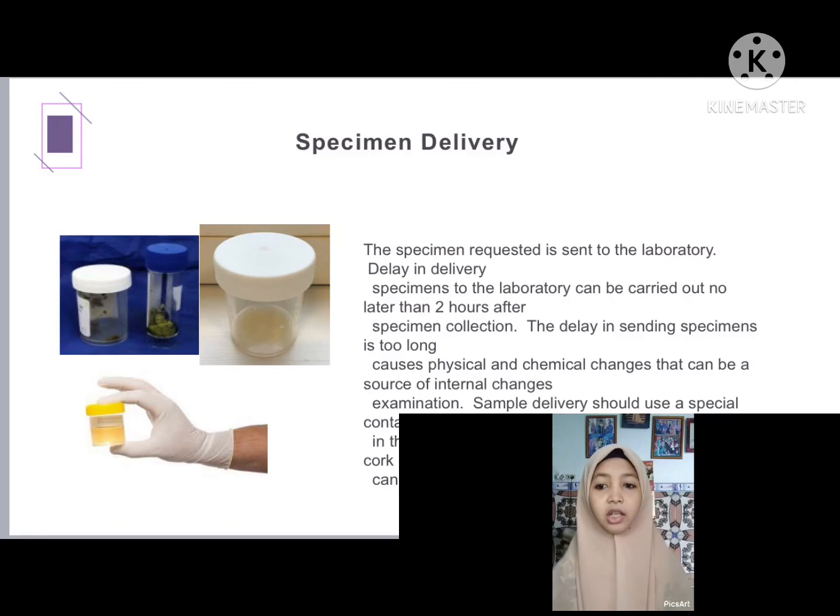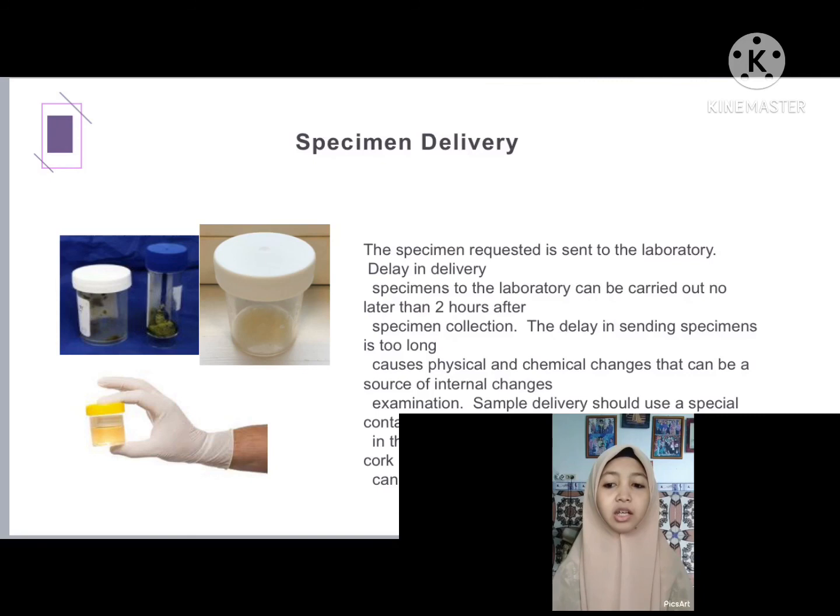Specimen delivery. The requested specimen is sent to the laboratory. Delivery of specimens to the laboratory should be done no later than 2 hours after specimen collection. Too long a delay in sending specimens causes physical and chemical changes.